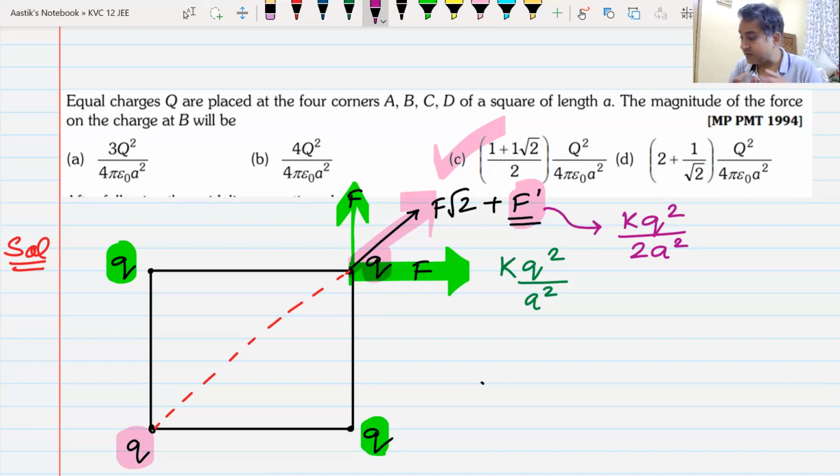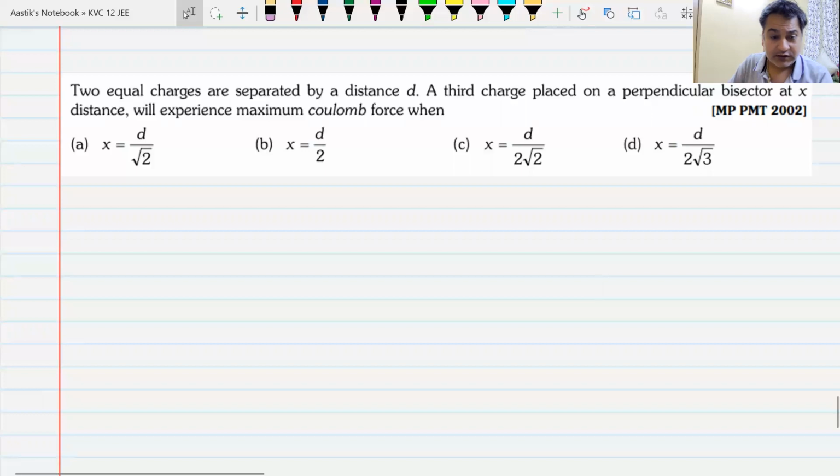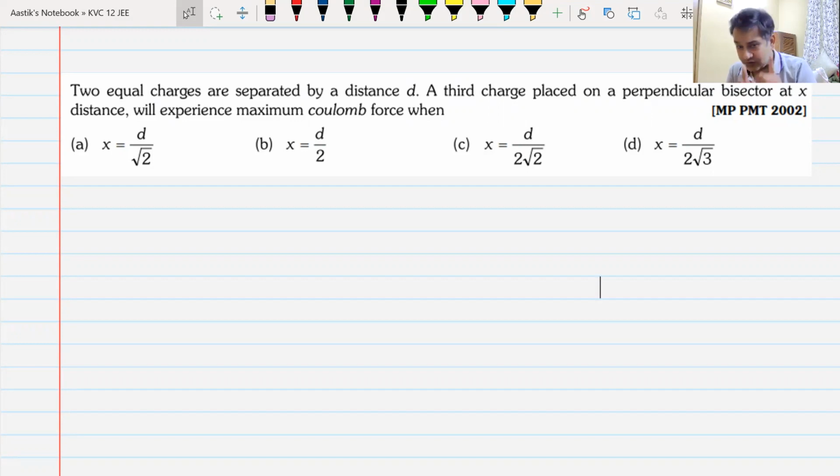Shall we move on to the next one? Yes, sir. This is the next one. You will not get the time to solve it in the examination hall. You do it now and you remember the result.